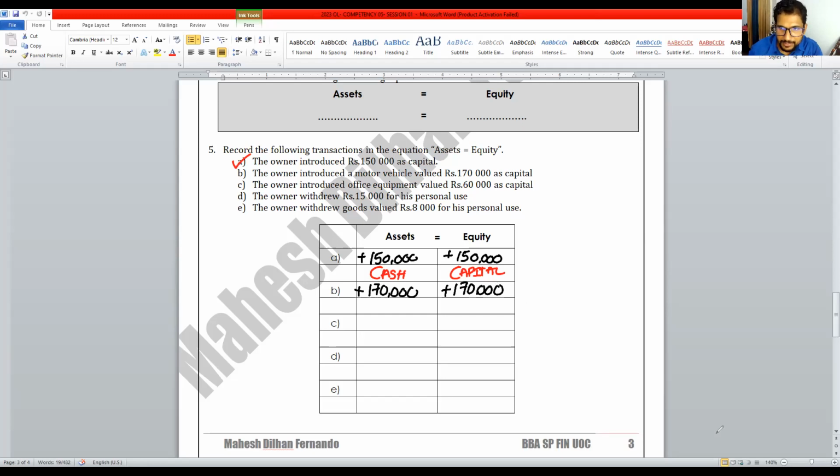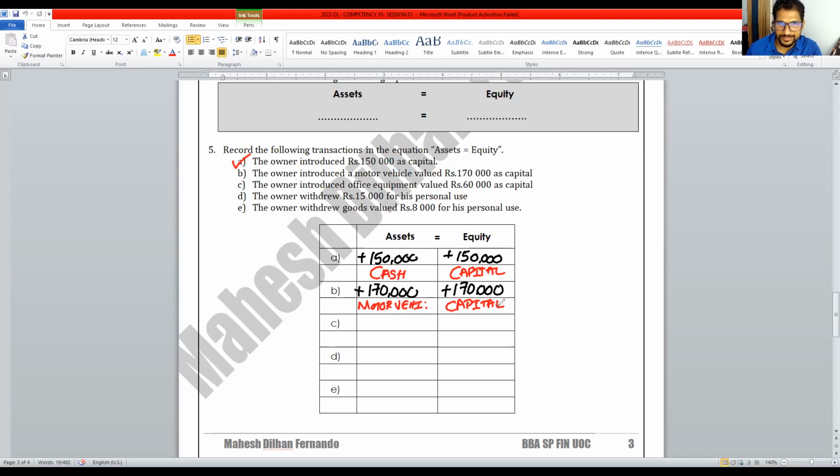But this time the increased asset is called what? Motor vehicles. Increased equity is called capital.